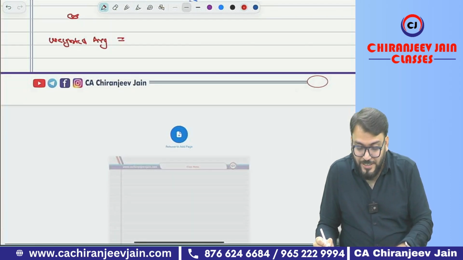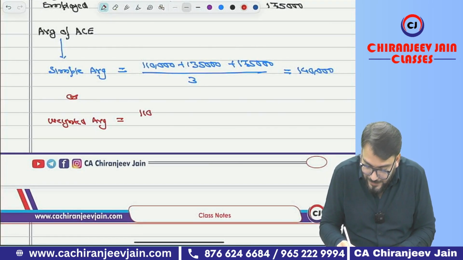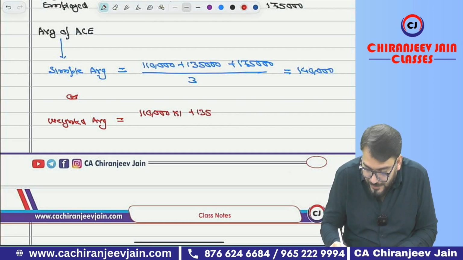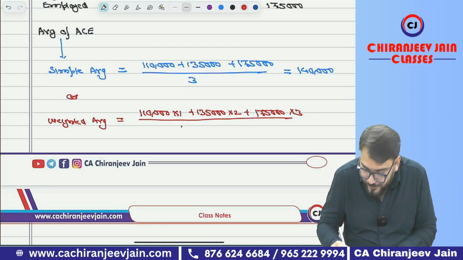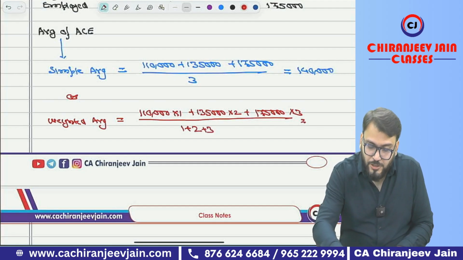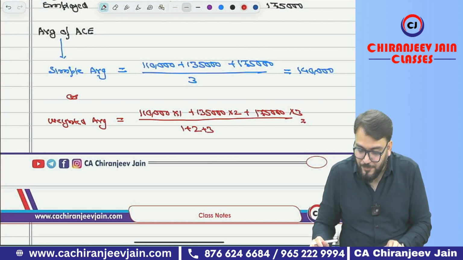Weighted average. So for weighted average, we need to give more weight to recent years. We will say 1,10,000 into 1 plus 1,35,000 into 2 plus 1,75,000 into 3, and let us divide by the sum total of weights. So how much is this coming? 1,75,000 into 3 is 5,25,000.